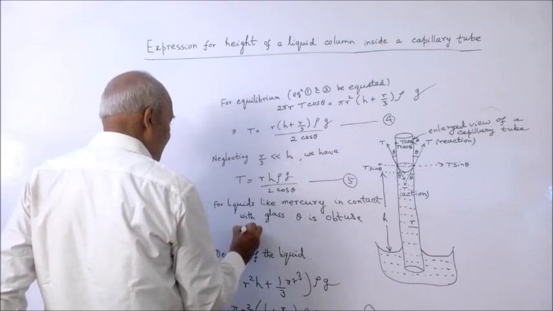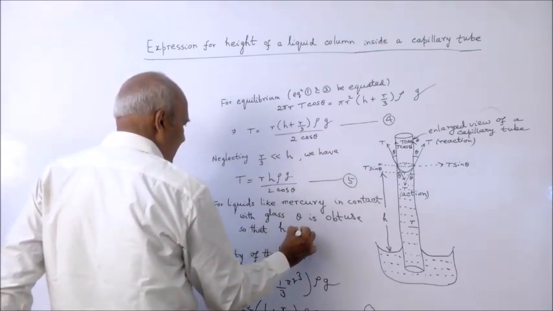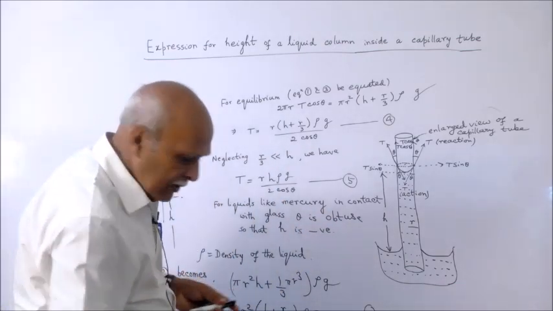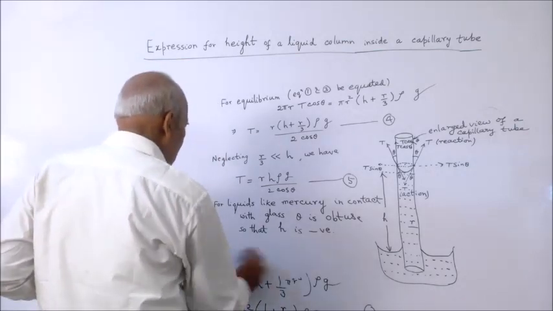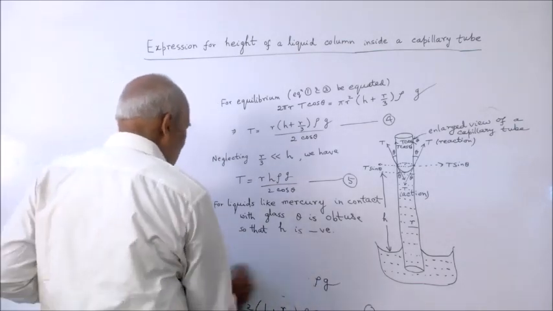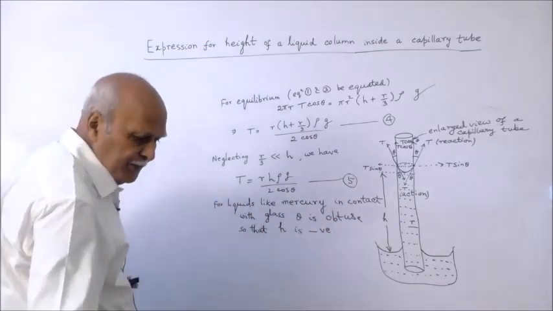So, that h is negative. That means the level goes down, the level of liquid goes down for mercury. That is one explanation from equation 5.